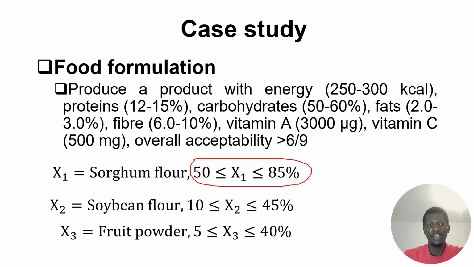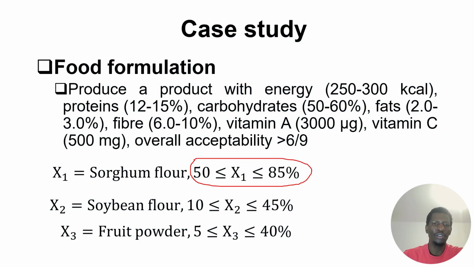This actually makes sense because sorghum will contribute to the base structure and carbohydrate content. Soybeans will contribute to the high protein content that is needed in the formulation and fat, while the fruit powder will contribute to the overall acceptability and the vitamins desired in the product.